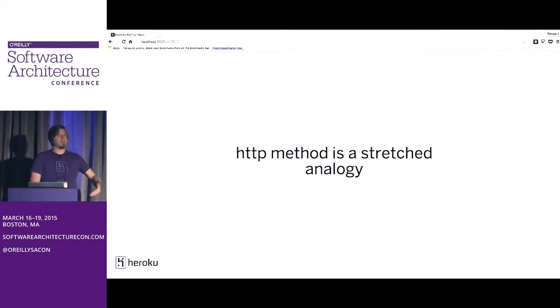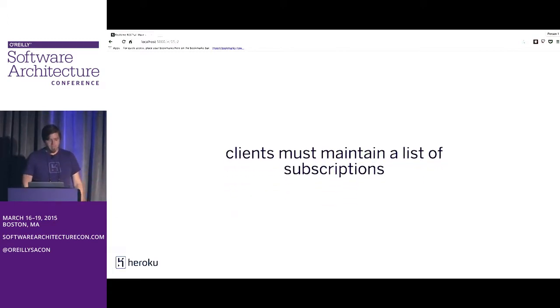The client would know about those new items and know to add them to its store and to subscribe to the REST endpoints based on those new IDs. But I want to be transparent and honest that HTTP method doesn't map one-to-one to this design. We've stretched it a bit for post. Yeah, clients have to maintain a list of their own subscriptions to the things that they care about, and that list can get really long.